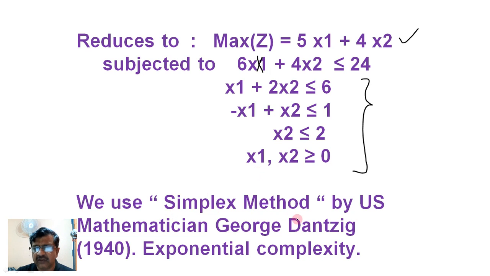can be solved by using what is called the simplex method, which was found by US mathematician George Dantzig way back in 1940. This particular method has exponential complexity, and there is a total reduction. The linear optimization problem, which came in running sentences, like a person explaining his problem, just as a textual matter, was converted into a set of equations.